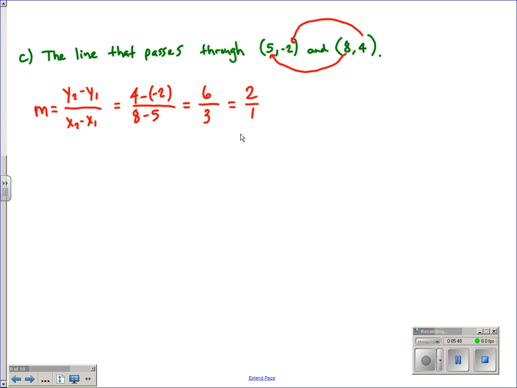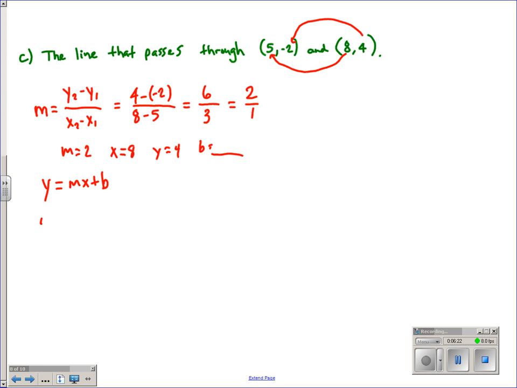That is our slope. Now remember, this was a checkpoint problem in the past. We should be able to find our y-intercept by using y equals mx plus b. We know m is 2, and then we could pick either one of these points. I'm going to say x is 8 and y is 4. That will allow us to solve for b.